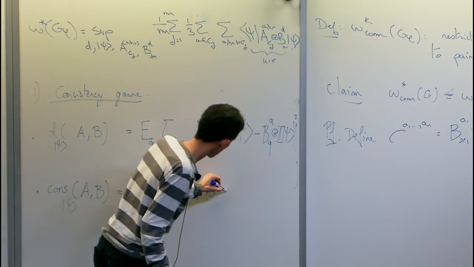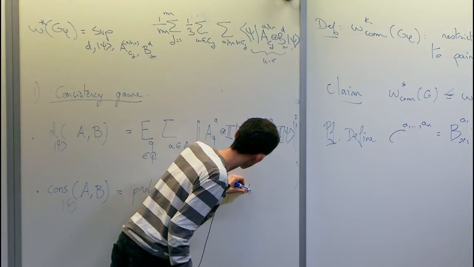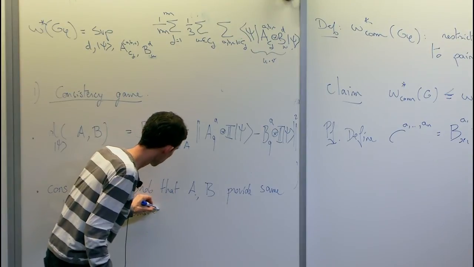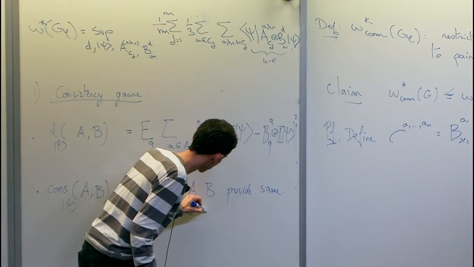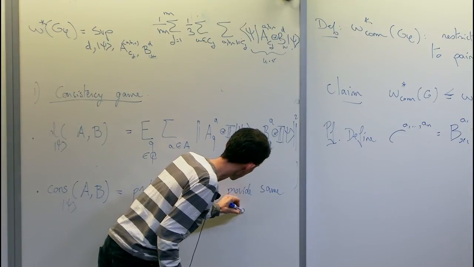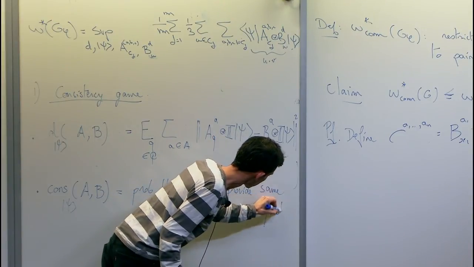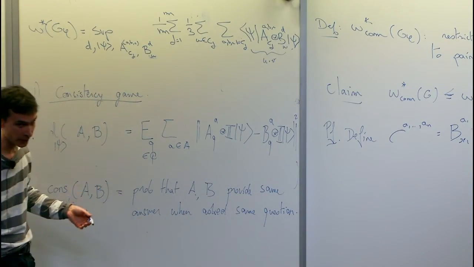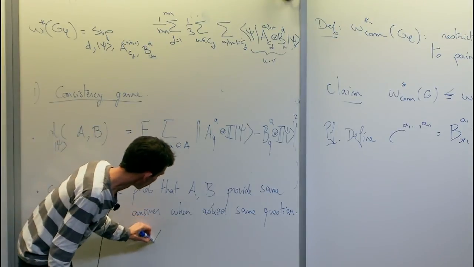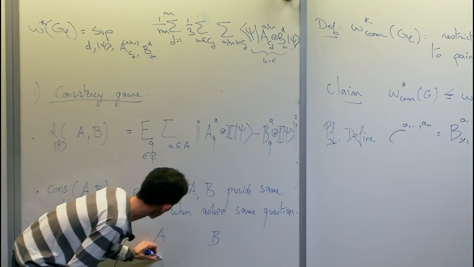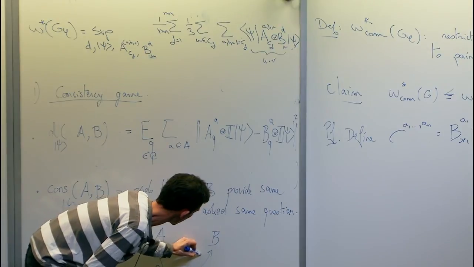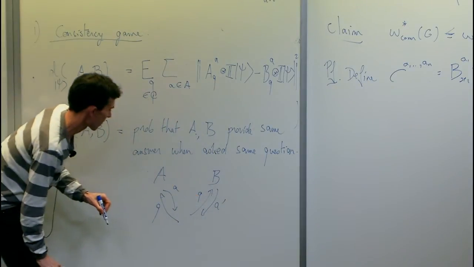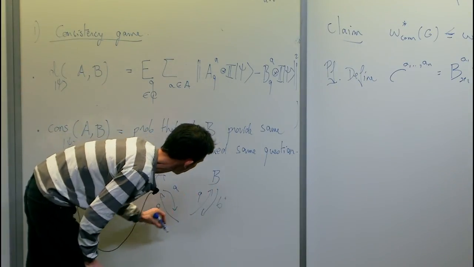These measurements provide the same answer when asked the same question. So it's the success probability in a certain game, which is this consistency game, a simple game where you imagine that you send the same question to Alice and to Bob, and they give you answers A and B, and they win if A equals B.